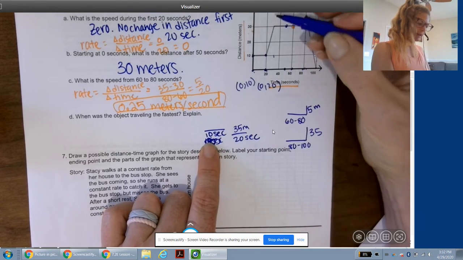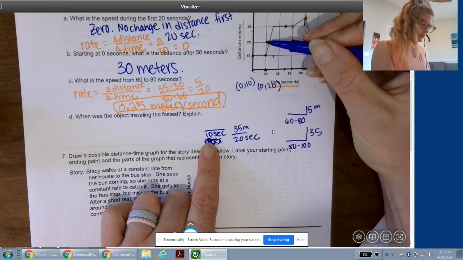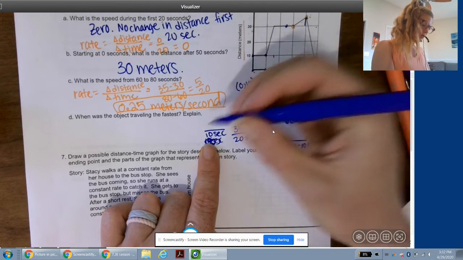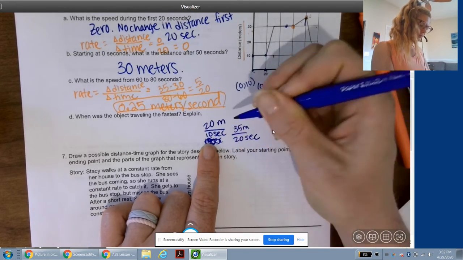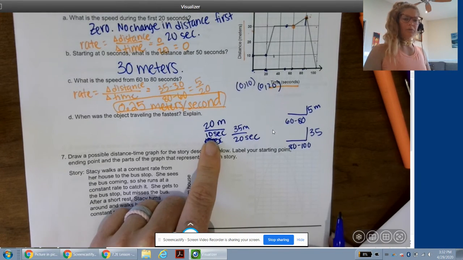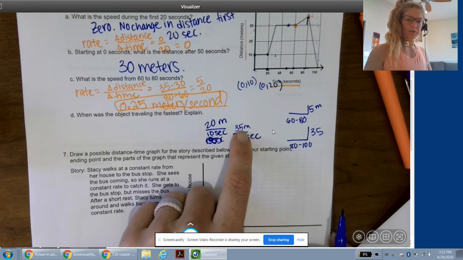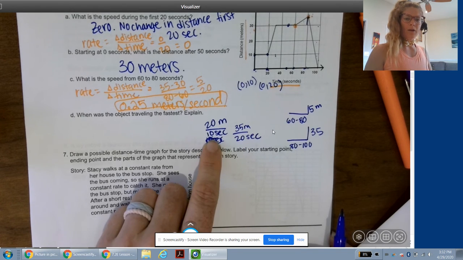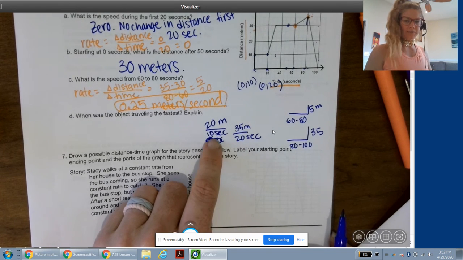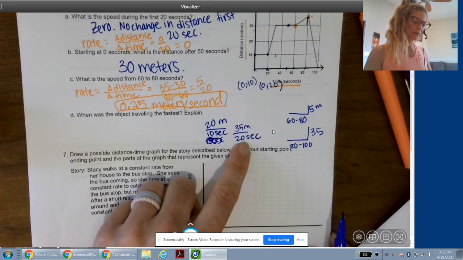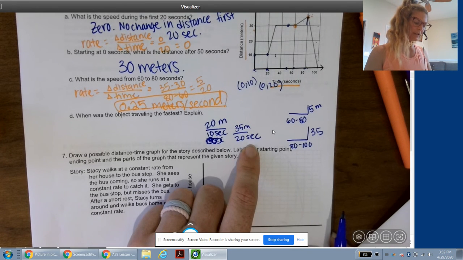And in 10 seconds, we traveled 20 meters. So what's faster? Traveling 20 meters in 10 seconds or 35 meters in 20 seconds? Well, if we doubled 10 seconds, if we went this rate for twice the amount of time, that'd be 40 meters in 20 seconds, which is actually farther and faster than 35 meters in 20 seconds.